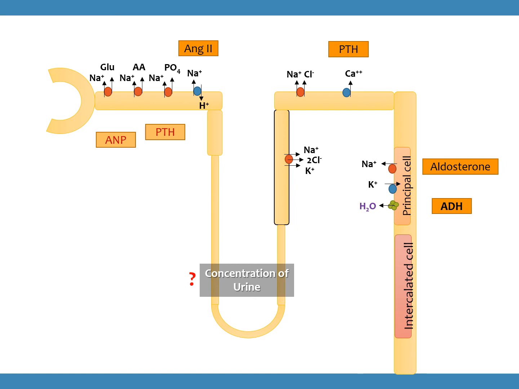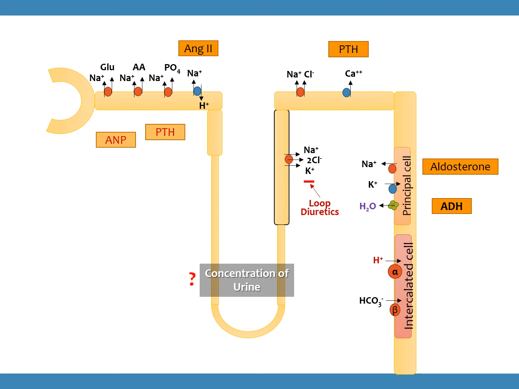Now, moving on to the intercalated cells, there are two types of cells. I already mentioned the alpha intercalated cells in the previous slides. These cells are basically involved in secretion of H+.